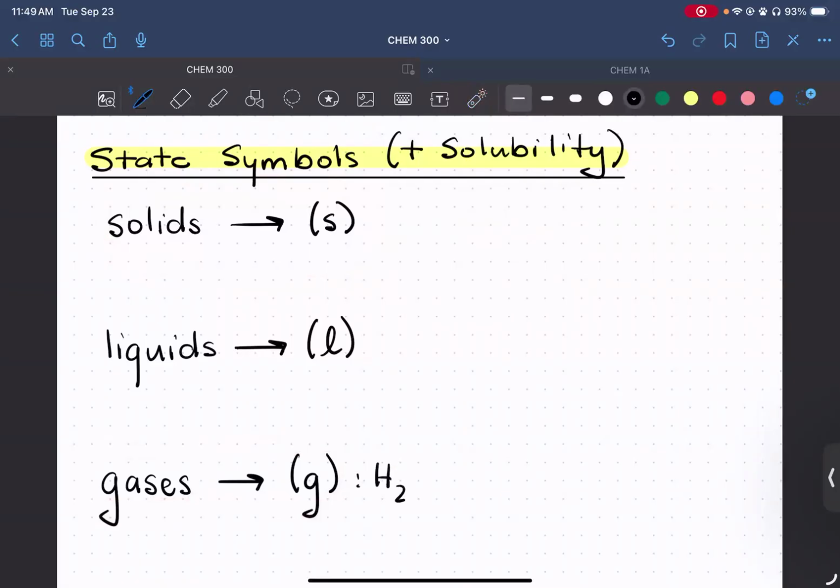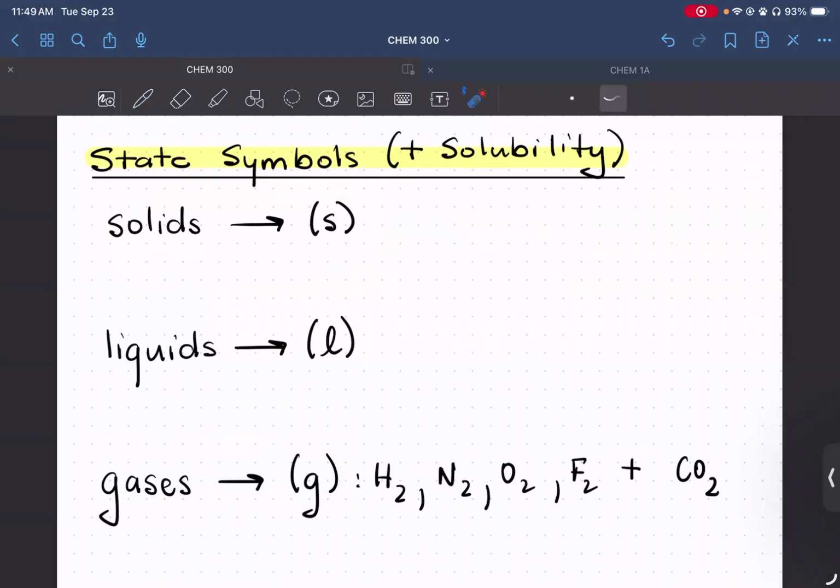These include the diatomic elements such as H2, N2, O2, F2, etc. There are also some that you may know but may not immediately recall, specifically CO2, carbon dioxide. So how do we know what our gas is? Well, to be quite honest, it's a matter of remembering or knowing them off the top of your head. There's not that many.